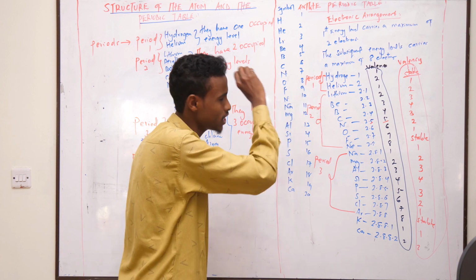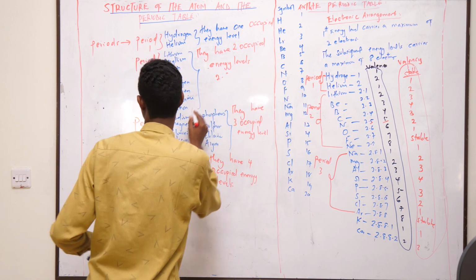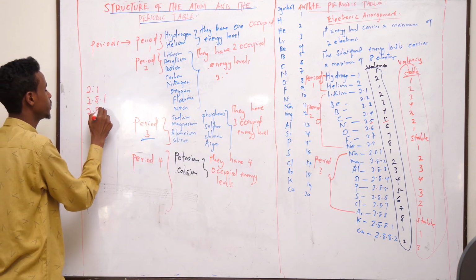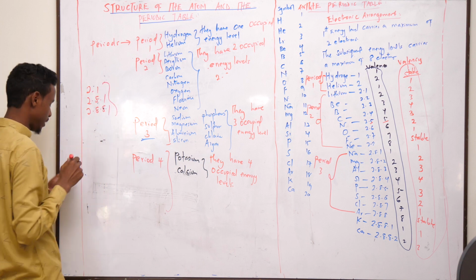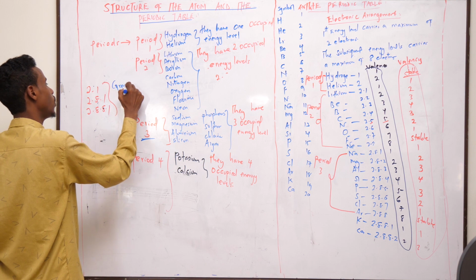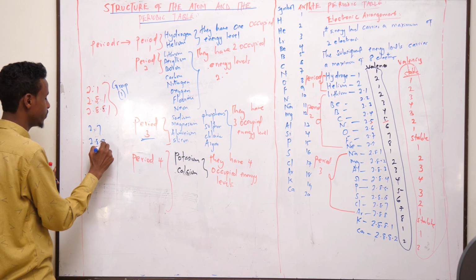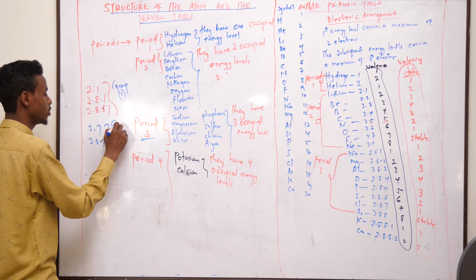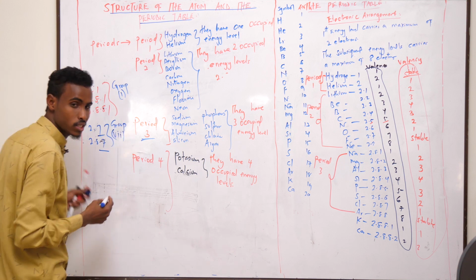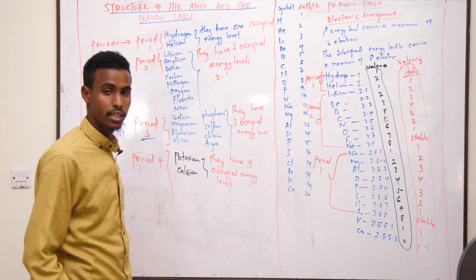For instance, elements with 2.1, 2.8.1, 2.8.8.1 are in group 1. Another scenario, 2.7 and 2.8.7 are in group 7, because they have 7 electrons in the outermost energy level, and that contributes to the group. I think that is very simple.